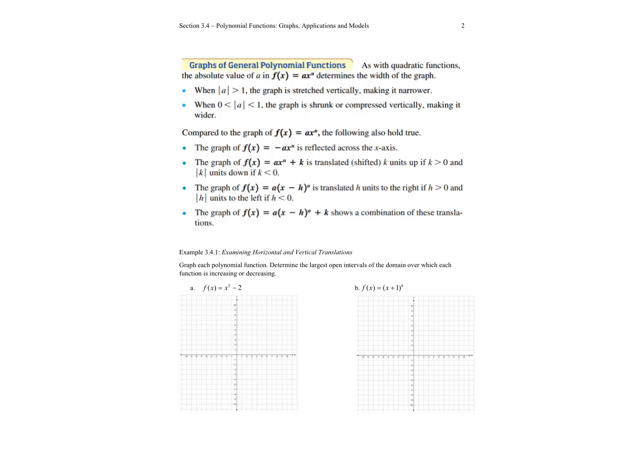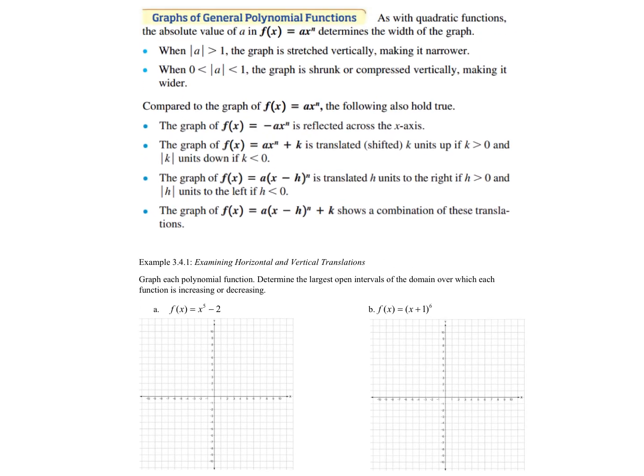One of the key things we're going to notice is that the a value, the constant that is multiplied in the front, is going to be your stretch or shrink. This is common to all functions. A function with a large number in the front is stretched vertically and becomes narrower.